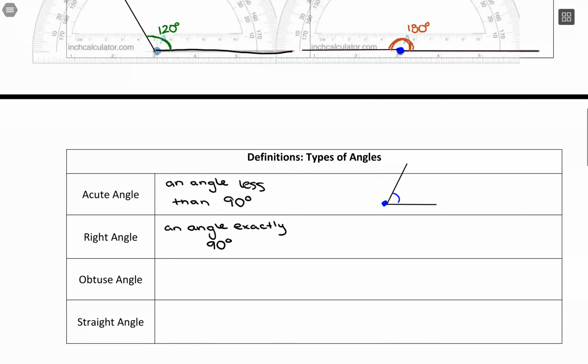So with that, we just need a straight line to start with and a vertex. And then if we had our protractor, we just want to measure to that 90 degrees. I'll draw this as best I can. But then if your drawing isn't quite great like mine, if you just throw in that symbol, then we know it's exactly 90 degrees. All right.